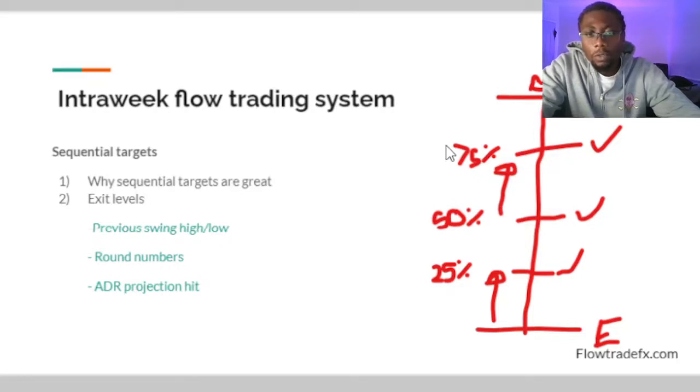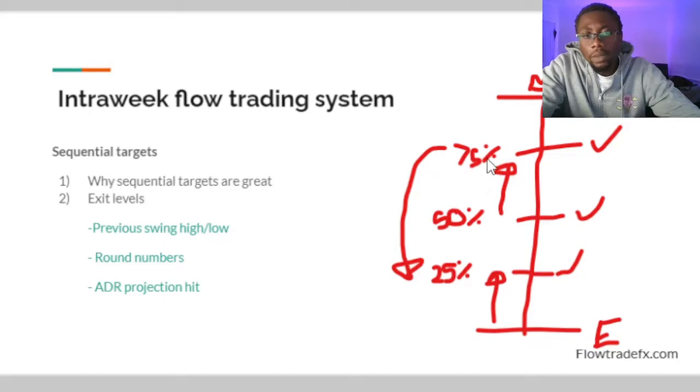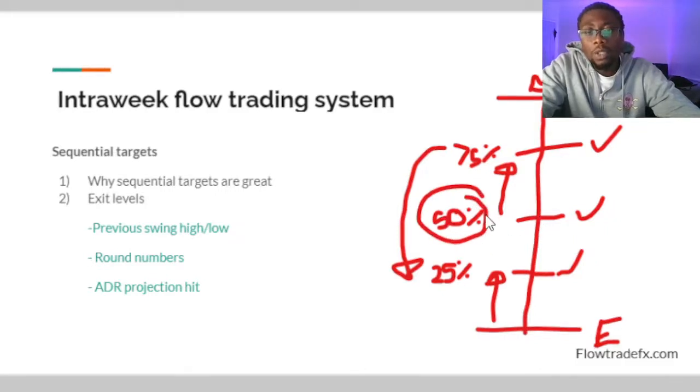So if the market comes from here all the way back down to this level, you've already booked 75% of your profits, and you have just an additional 25% left over. Even if you were to go from 25% back to zero, you still profited from 50% of this entire move, which puts you at a net profit.